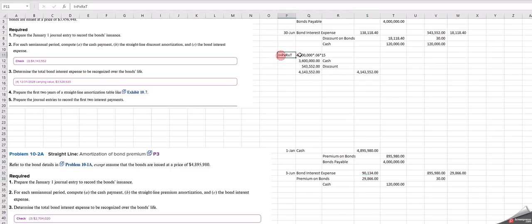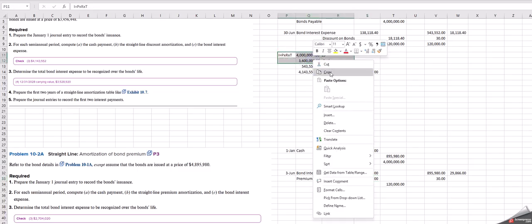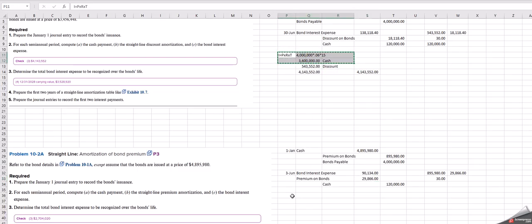And then if I come up here, this part doesn't change. So that part, again, because it's the same problem. So we're still paying $3,600,000 in cash, but then now we're going to subtract our premium.